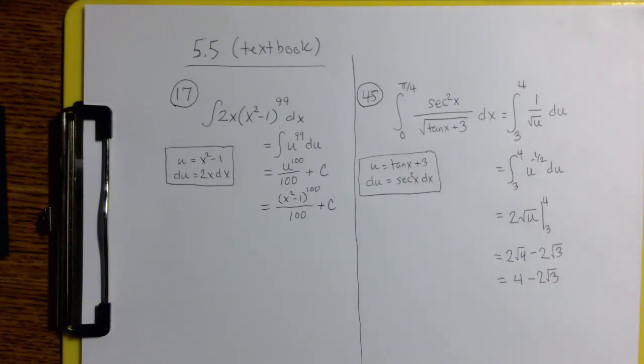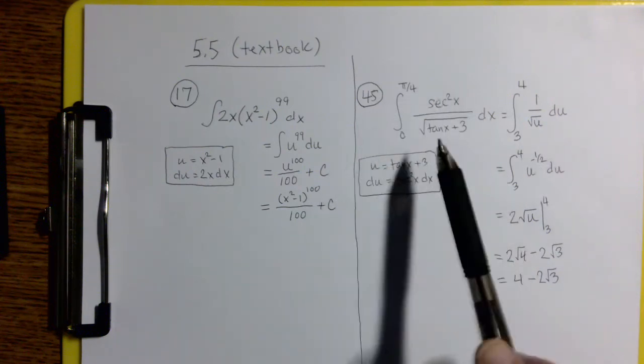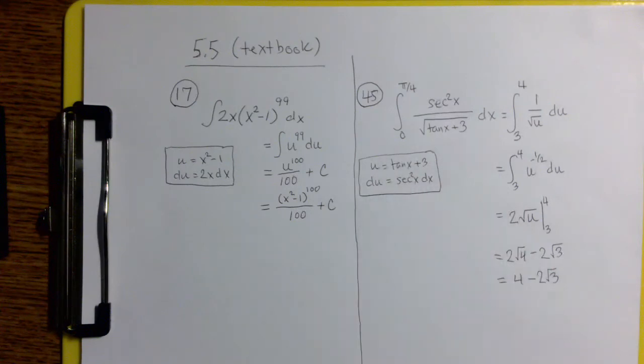And remember I said what we call u, we should see a constant multiple of its derivative in the expression as well, to have the possibility of this substitution technique working.